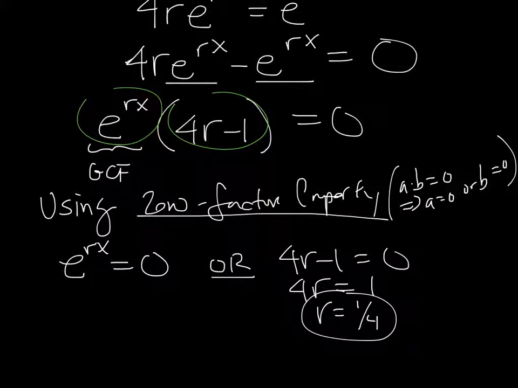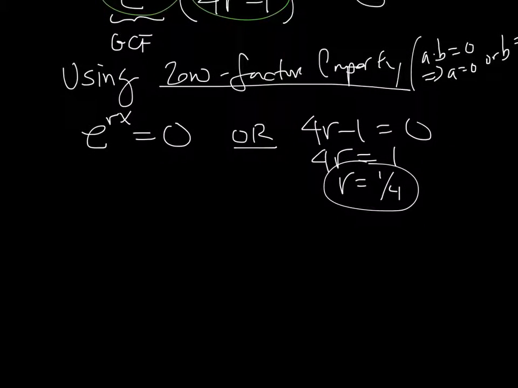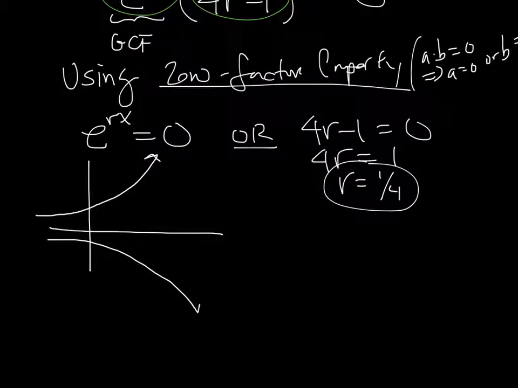And then this equation, e to the rx equals 0. You can think of e to the 2x or e to the 3x equal to 0. There's two ways you can try to find the solution, if there is any. If you remember graphing e to the rx or e to the kx, it's an exponential function, and it either grows or it decays.